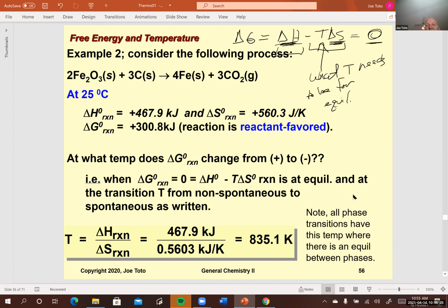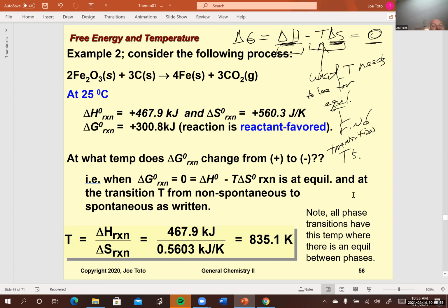Or in other words, we can find transition temperatures. And that's what this next problem is. And I'll just take you through this kind of quickly, and then you can go back and study it. And we'll talk about it next time in detail.